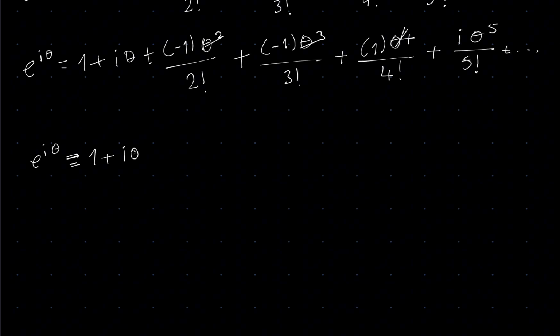1 plus I times theta, and okay, not a plus sign here, we have a minus here. Minus theta squared over 2 factorial, and again a minus here, because plus times minus is equal to minus, and as there is a minus sign here, and theta to the power of 3 over 3 factorial, and they are plus.